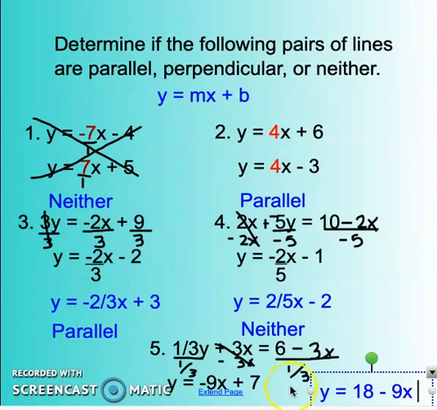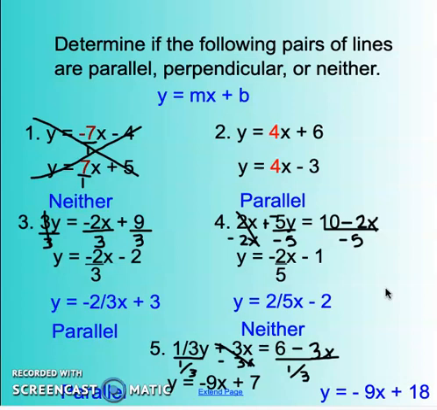My y now just has a 1 in front of it. But if I look at this, I just need to flip these around, right? Because I need it to be in slope-intercept form. So my slope needs to go first. And so when I look at this and compare it with this equation, I notice right away the slopes are the same. And so parallel again.